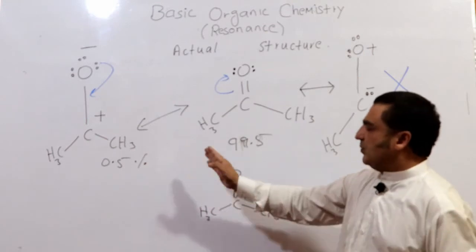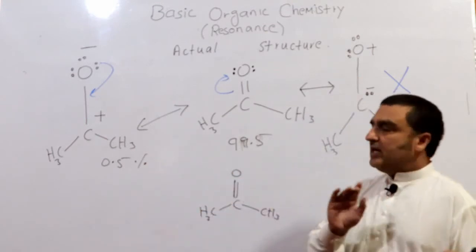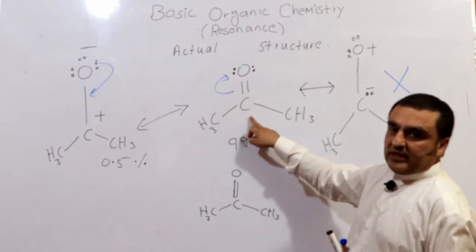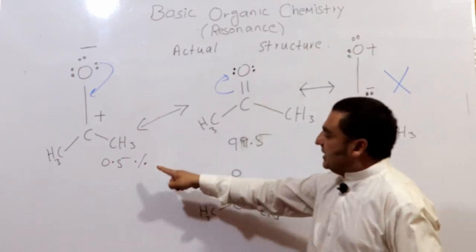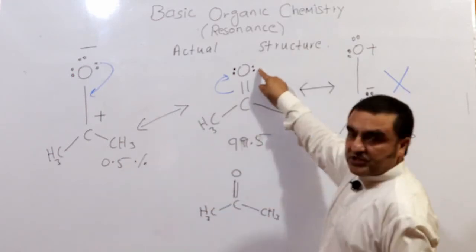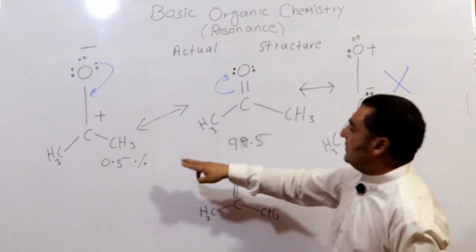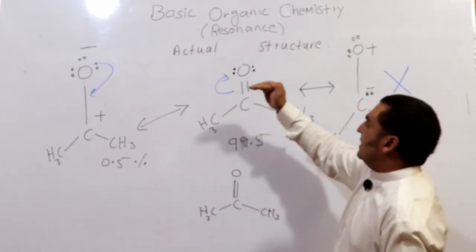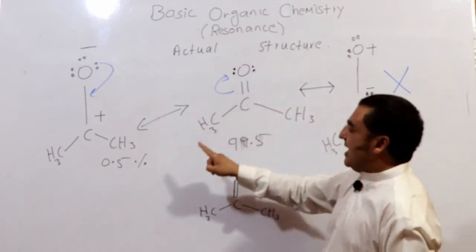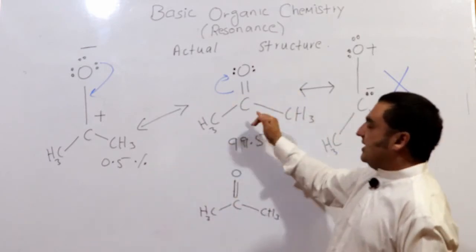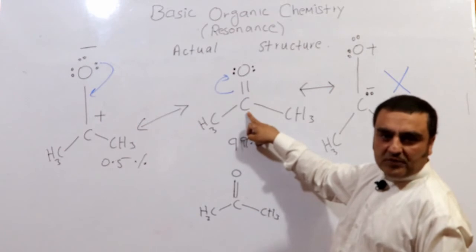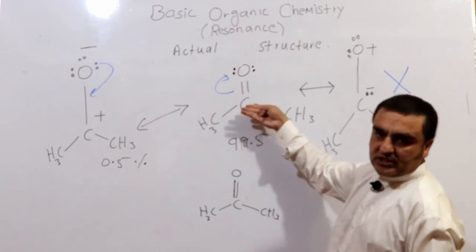The 0.5% contribution matters, because this is neutral, 0 and 0, but it will impart 0.5% extra negativeness to this oxygen, and it will take away 0.5% of the electron cloud from this carbon.